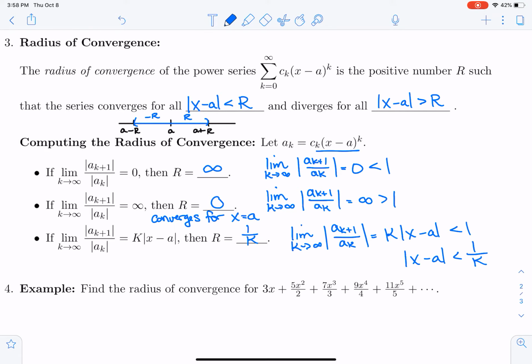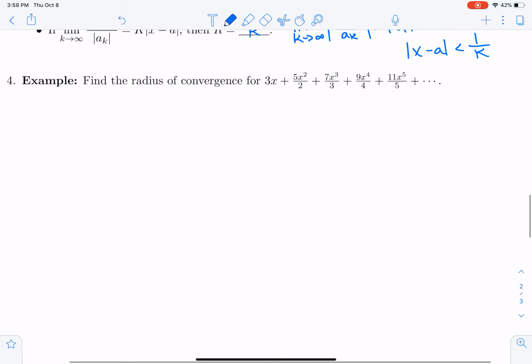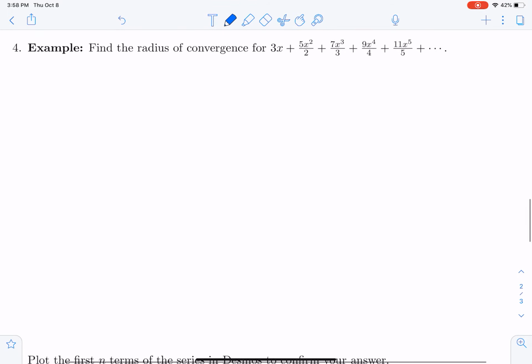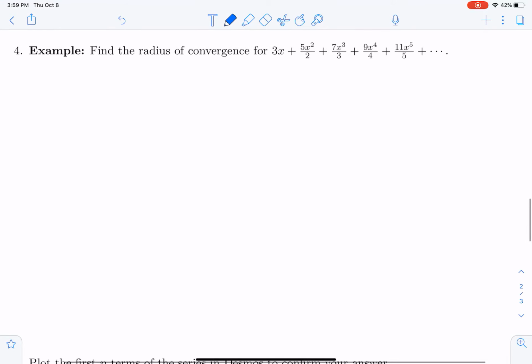So let's look at an example. We want to find the radius of convergence for our series, which is 3x plus 5x squared over 2 plus 7x cubed over 3 plus 9x to the fourth over 4, and so on. First, we need to write out what this series looks like.